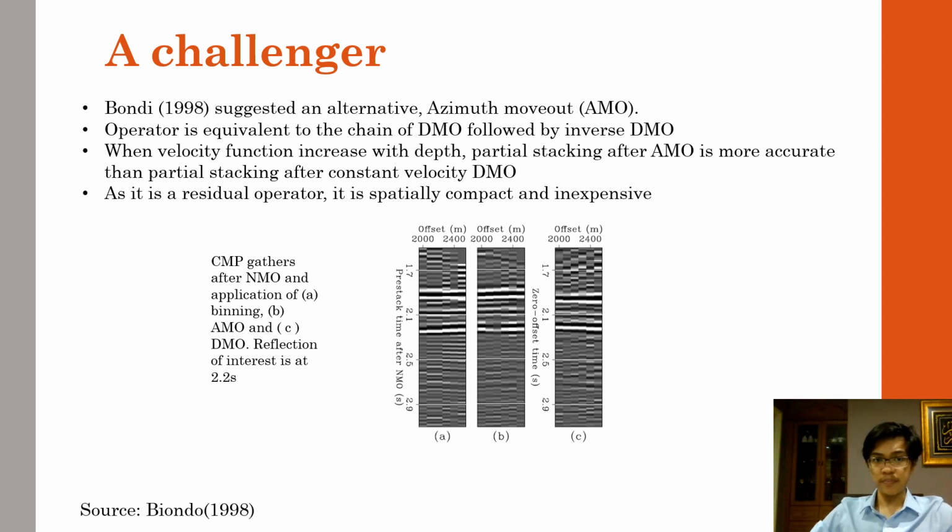The diagram below shows CMP gathers after NMO and application of A binning, B AMO, and C DMO. The reflection point of interest is at 2.2 seconds. We can see that in AMO, the fault is more visible compared to DMO.